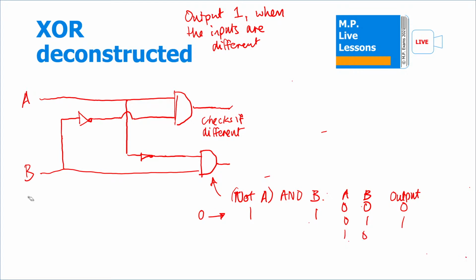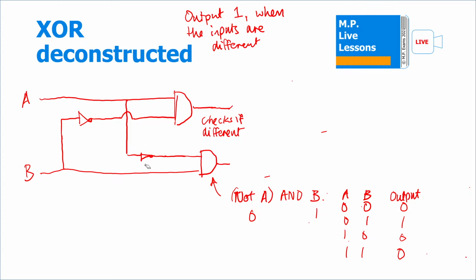For 1 and 0, weirdly, it flips A into a 0 and B is 0, so this outputs 0 actually. And lastly, to check with, let's say 1, 1, B is 1, A gets flipped from a 1 to a 0, checks if they're both 1s, they're not, so output 0. And this will basically happen in the opposite way for the other gate.